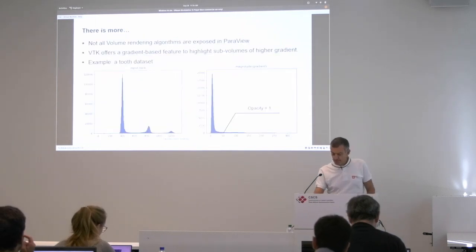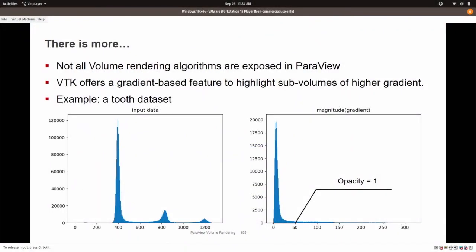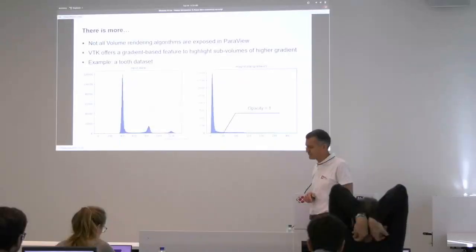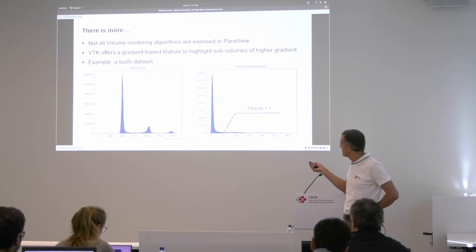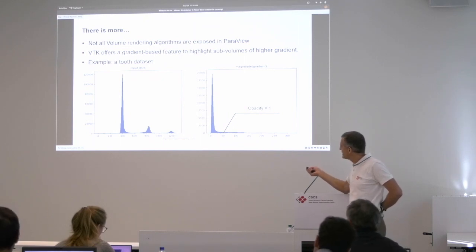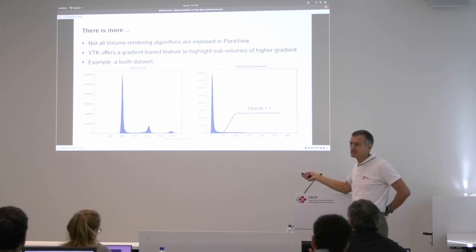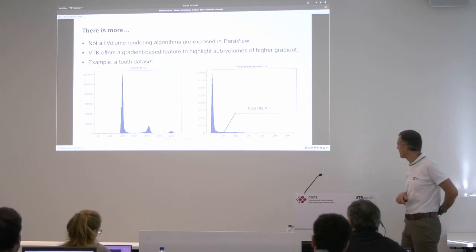Now, there's more than that we can do with volume rendering. Let's take, for example, a particular volume of data, which I have made a copy of on the Python side. We can look at it during our exercise. If I look at a histogram of the data, I see 3 peaks of intensity in that volume.